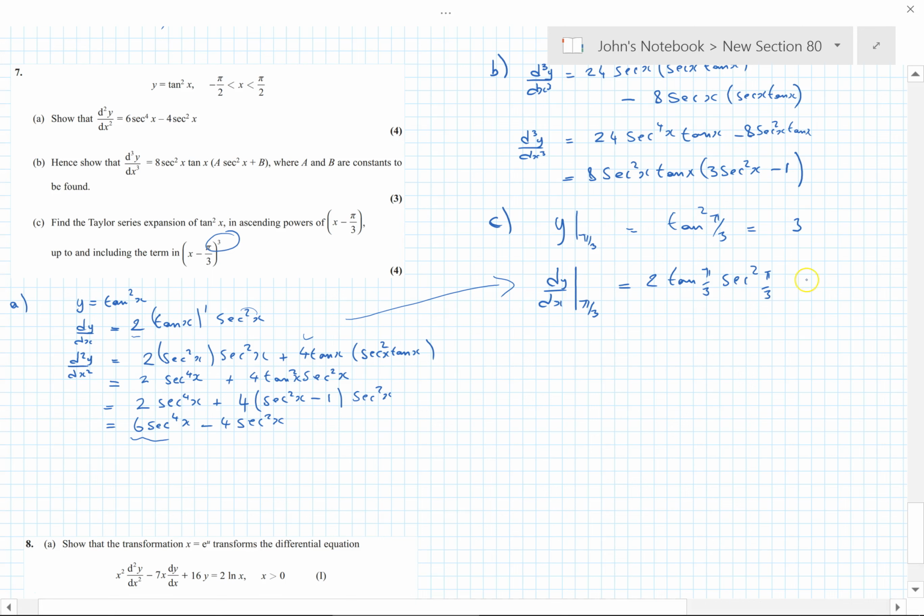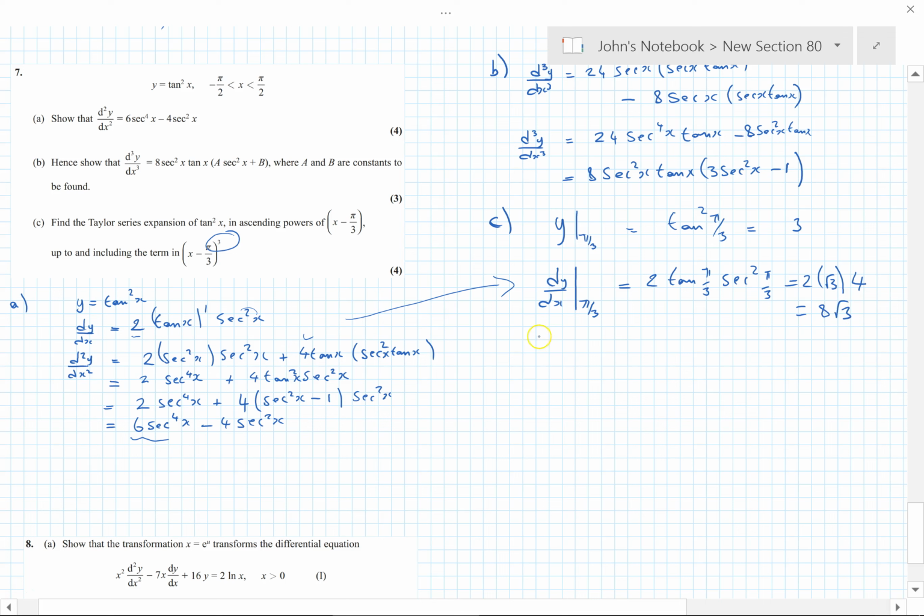Tan pi by 3 is the square root of 3, so it's 2 times the square root of 3. The sec squared is just the reciprocal of cos squared. Now cos squared pi by 3 is equal to a half, so that's equal to 4. So that's 8 the square root of 3.